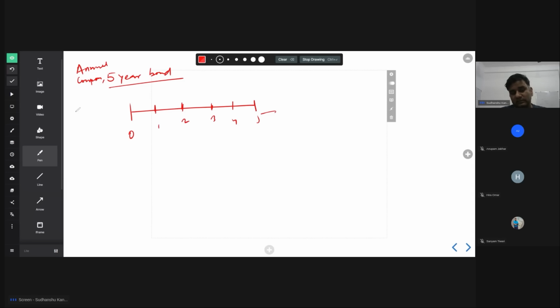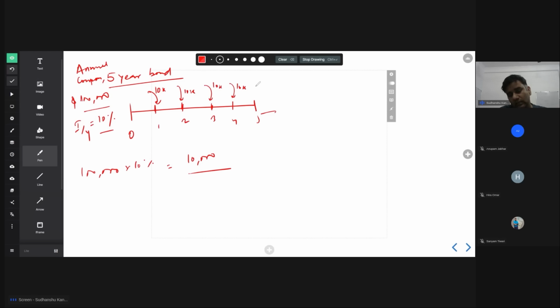Let's say it's a $100,000 bond, and the interest rate, I by Y, the yield, is 10%. So 100,000 into 10% is 10,000, which comes every year as a coupon. 10K comes here, here, here, here, and at the end you get 100K also and 10K also. This is how the money comes back in a bond.